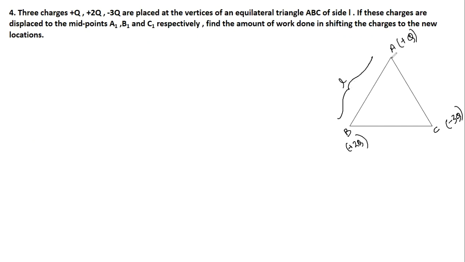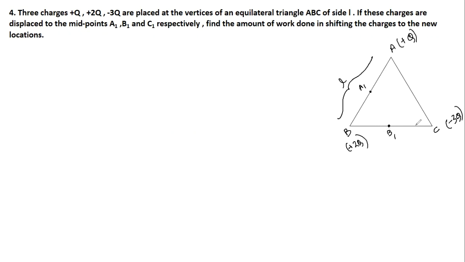Okay, when you change the positions of these charges, say that you have brought Q to a point A1. Remember, A1 is the midpoint of this side AB. You have taken the charge 2Q and brought it to another point B1.